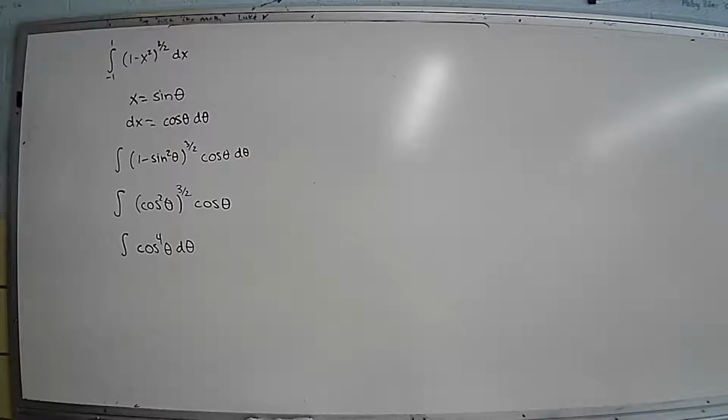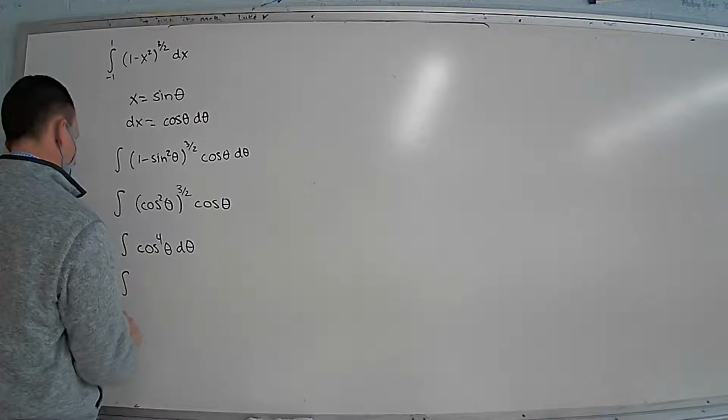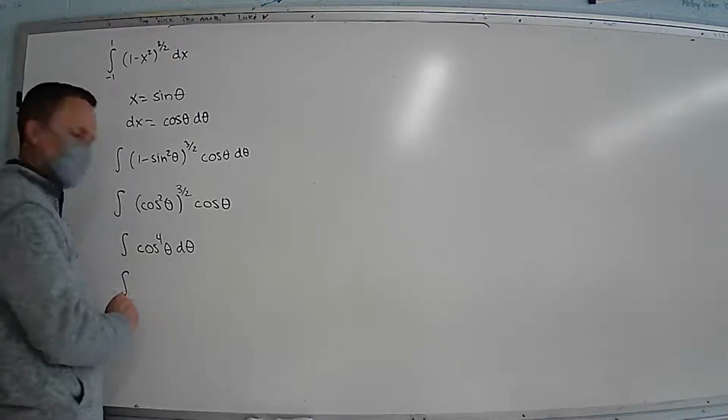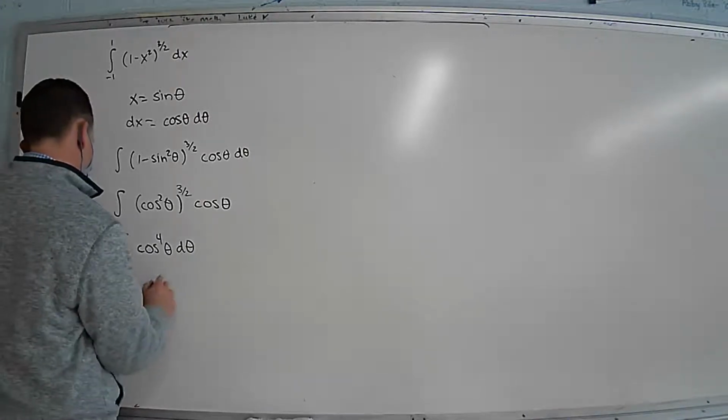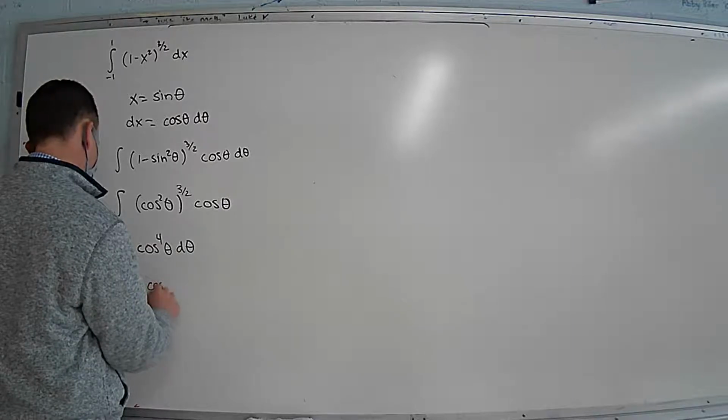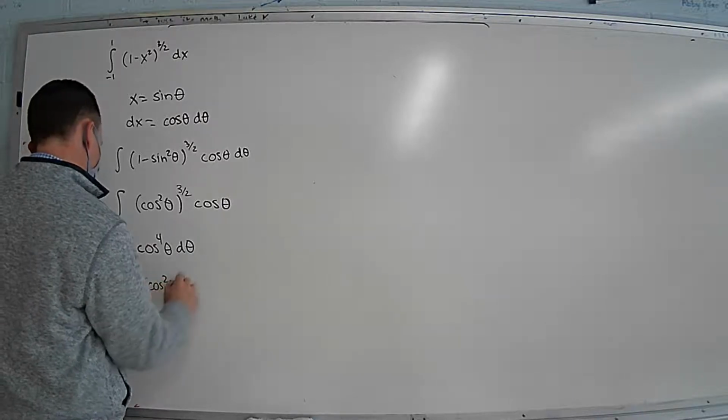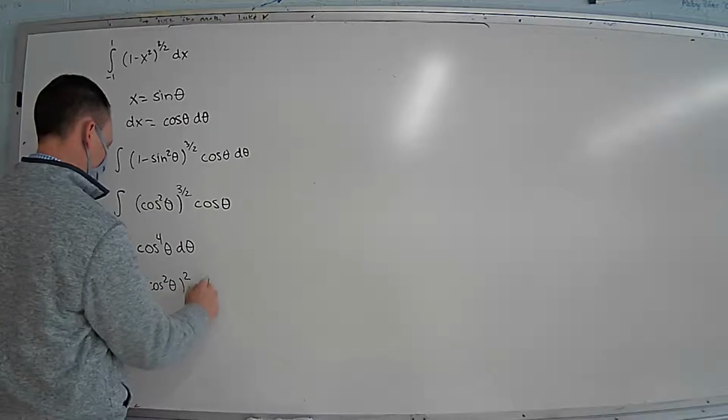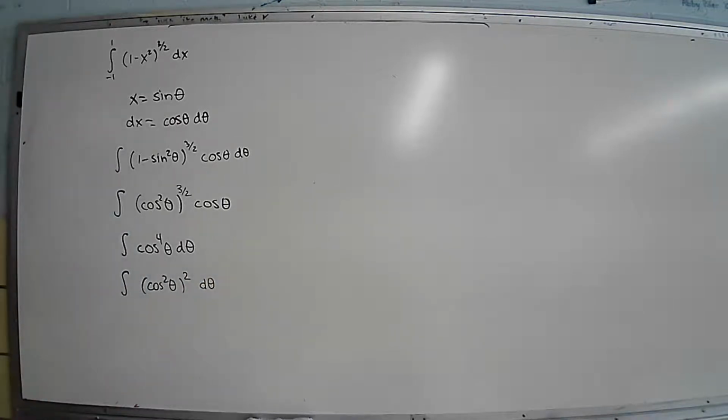Okay? So, how do we do cosine to the 4th? I feel like maybe you've already had that problem before, but maybe not. Did you have cosine to the 4th at some point? Did you have sine to the 4th at some point? So cosine to the 4th, well, isn't that the same thing as cosine squared squared? Right?